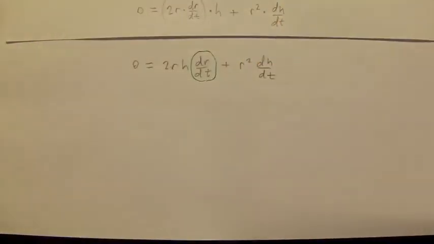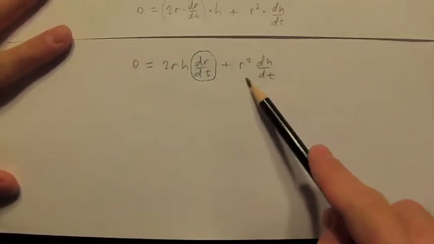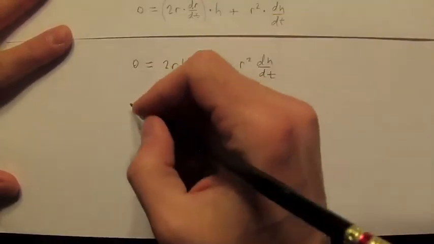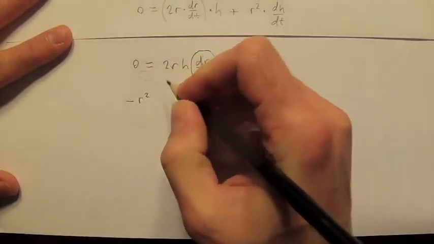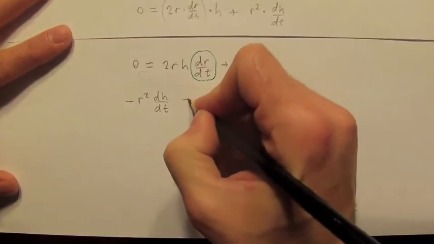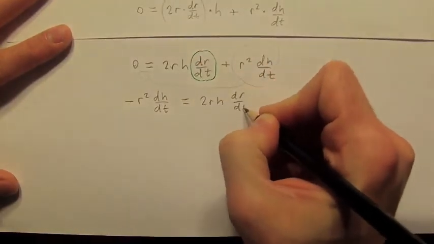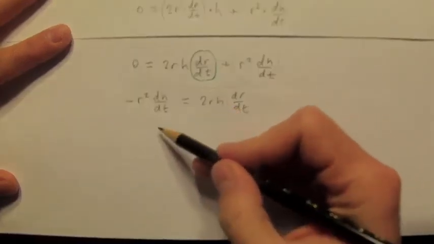Okay. So using the same idea with implicit differentiation, I'm going to move this guy over to this side, and so I'll get negative r squared dh/dt is equal to 2rh dr/dt, and then finally I'll divide that over.